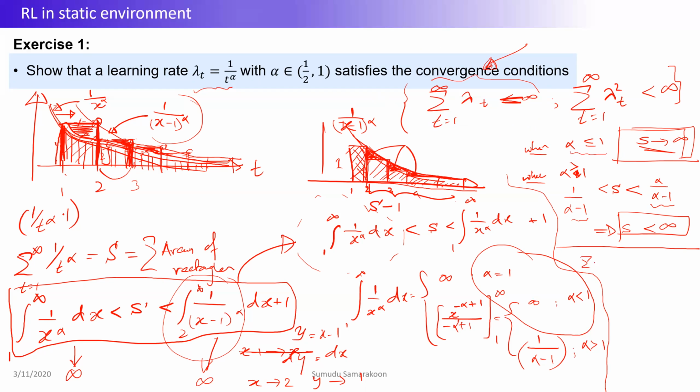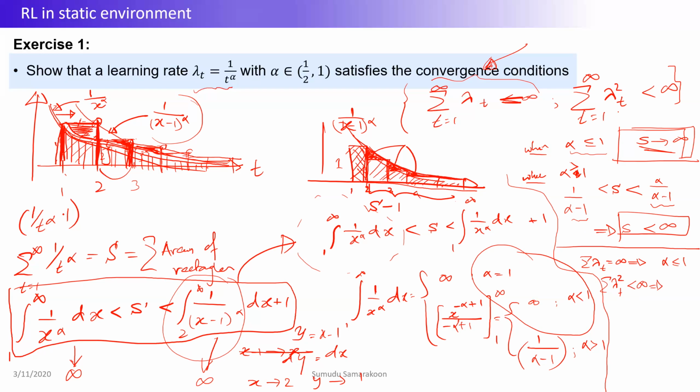So the sum of lambda_t should equal infinity. For that, we need alpha to be less than or equal to 1. Then we have the second condition: the summation of lambda_t squared should be converging, right?